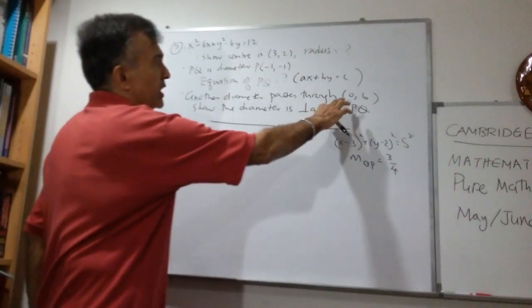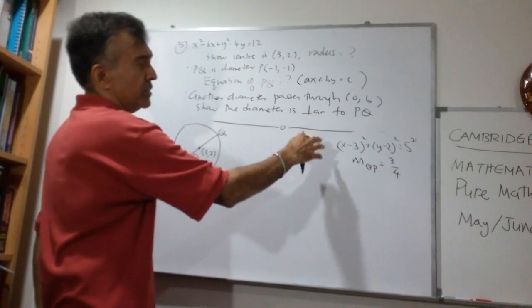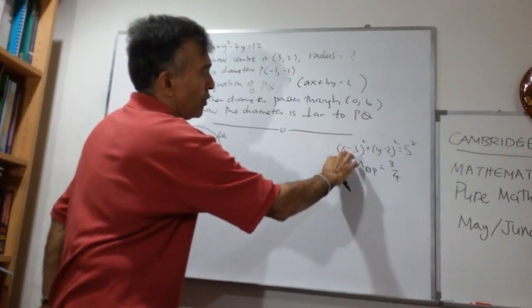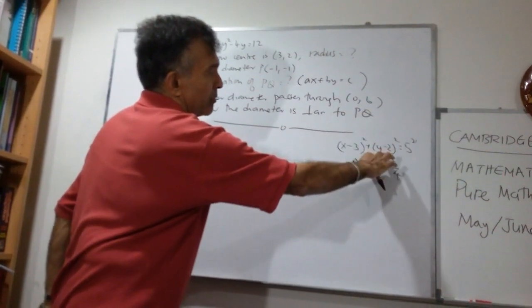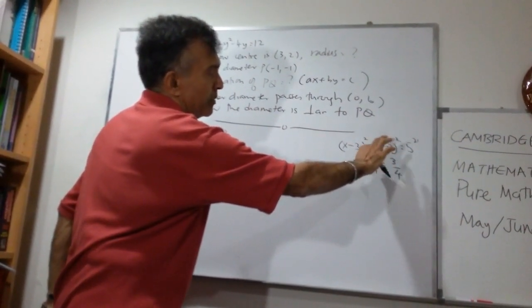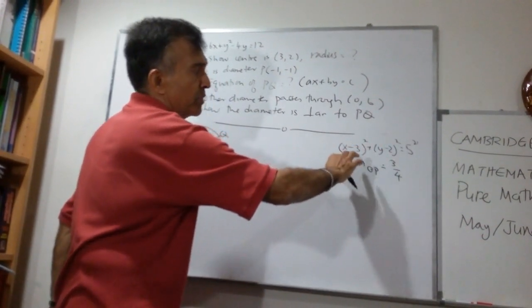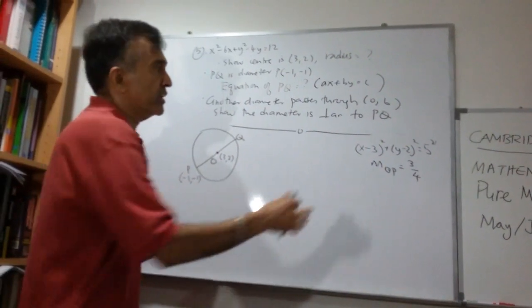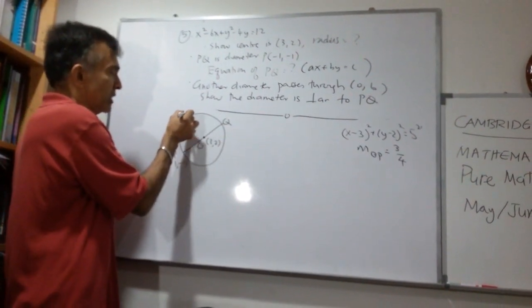We just want to see where this point (0, 6) is located. Does it lie on the circle? x is 0, so when x is 0, this is 9. And then 6 minus 2 is 4. 4 squared is 16. 16 plus 9 is 25. So it looks like (0, 6) lies on the circle.